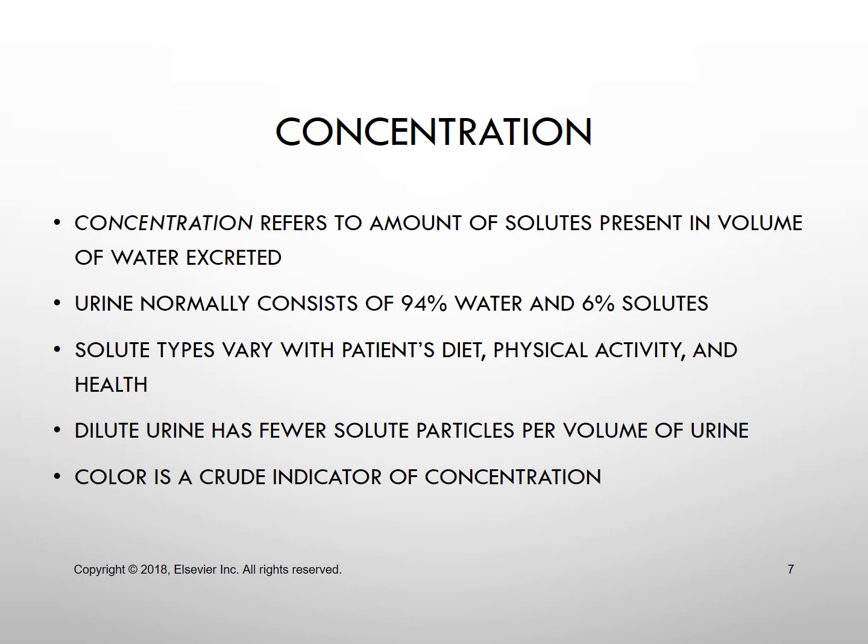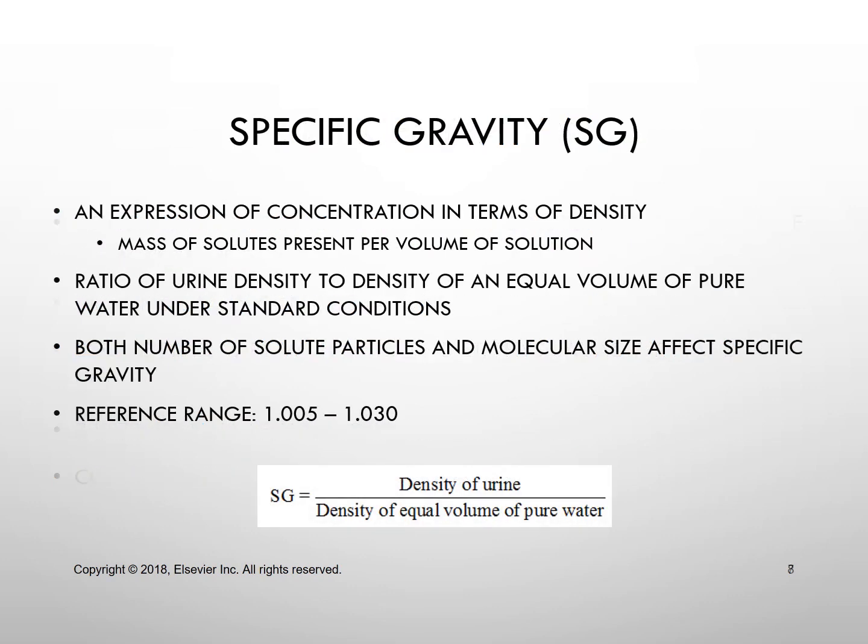Now, in the clinical lab, the concentration of urine is expressed as either specific gravity or osmolality. Specific gravity is an expression of urine concentration in terms of density, so the mass of solutes present per the volume of solution.